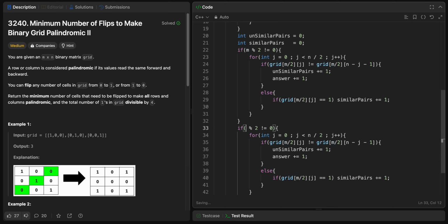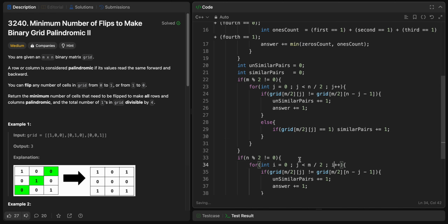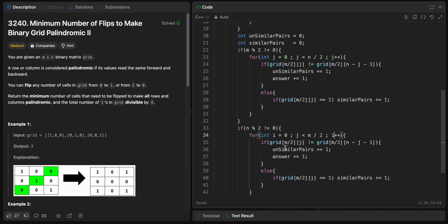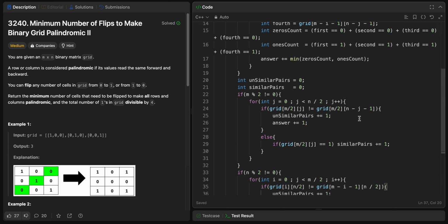So if n ampersand 2 is not equal to 0, then I'll iterate till my middle row, i plus plus, and this would be if my ith row, column would be n by 2, and this would be m minus i minus 1 followed by n by 2, and similar pairs also would be increased by 1. Answer also will be increased by 1.